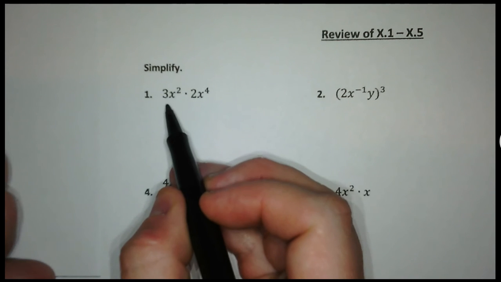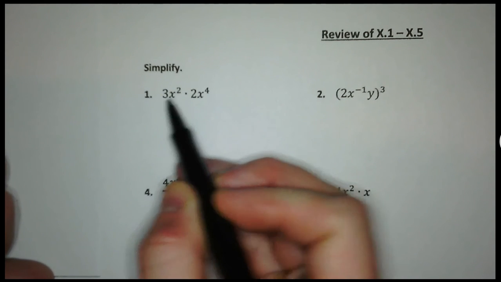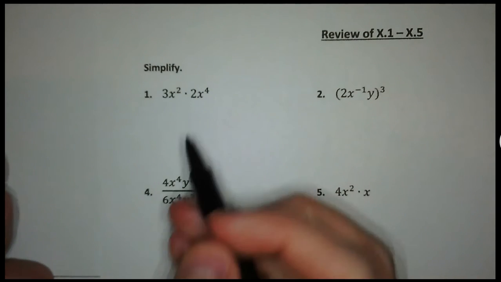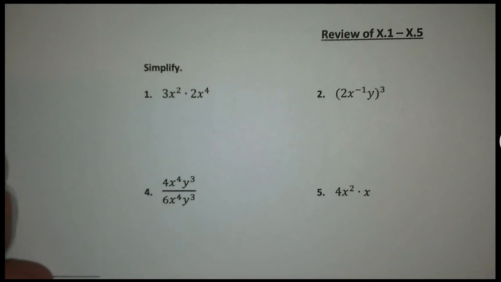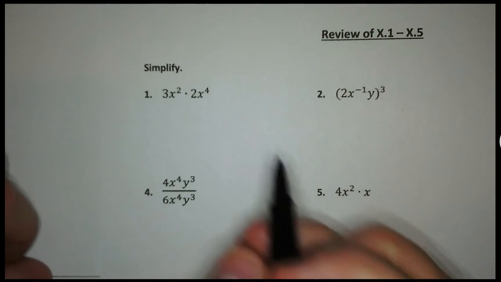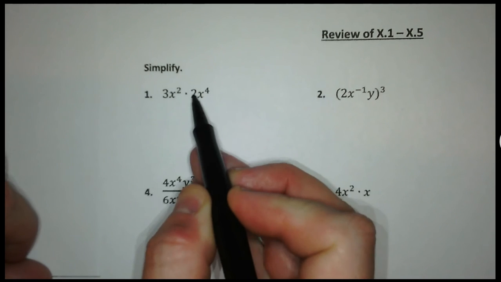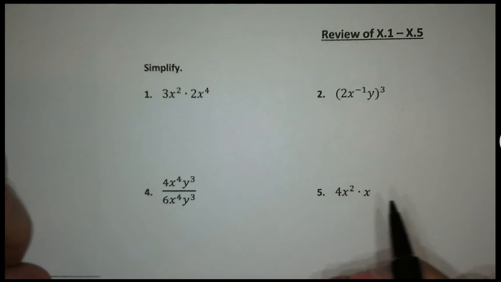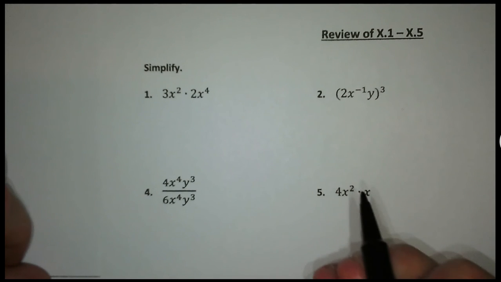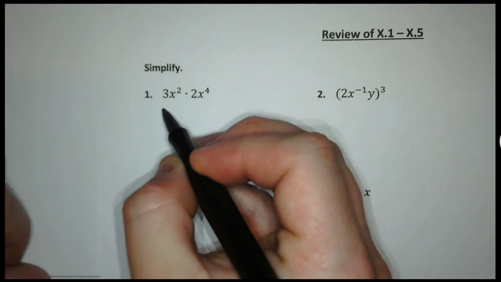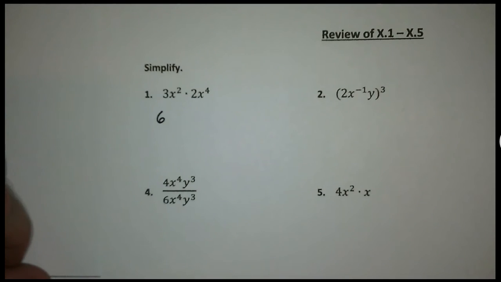But remember, it's technically 3 times x to the second times 2 times x to the fourth. Okay? And what we can do is the 3 times 2, just like back in second grade. 3 times 2 is 6.